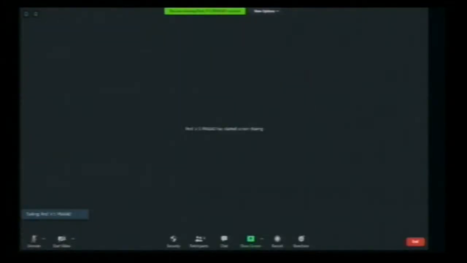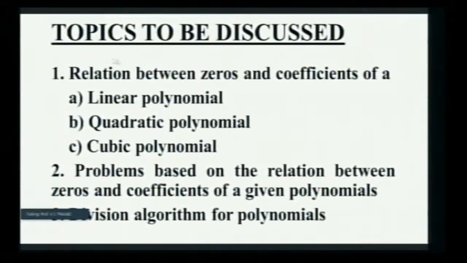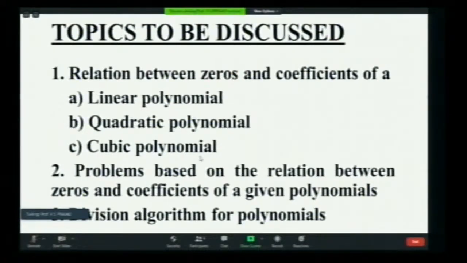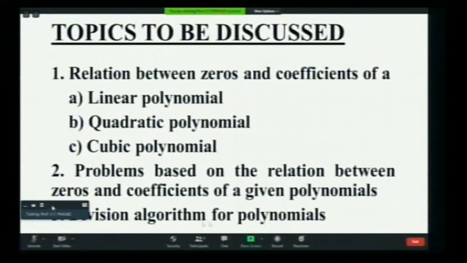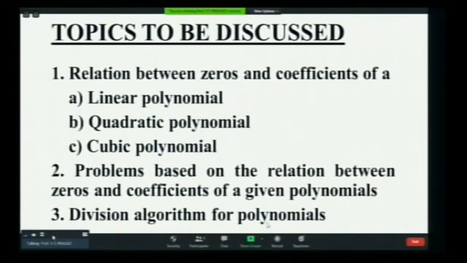In the first slide, we have listed the relation between zeros and coefficients of a linear polynomial, next a quadratic polynomial, and maybe a cubic polynomial, and in general we will observe that situation also. Similarly, problems based on the relation between zeros and coefficients of given polynomials, and also we will see the division algorithm for polynomials with some examples.